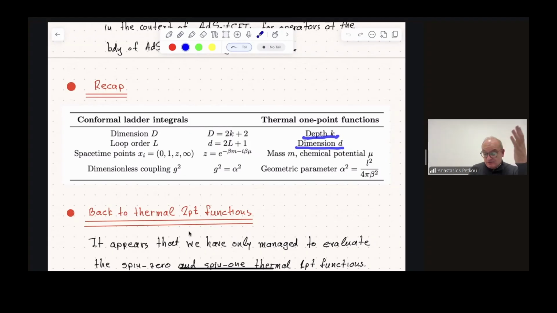K0 is actually zero depth, K1, 1 depth, etc. I have a mass and chemical potential, which are my deformation parameters, and I have a geometric parameter, alpha square. And this corresponds exactly to the dimension of the integral, the loop order. The space-time points now correspond to the mass and the chemical potential. Actually, these are the crossing ratio, and the coupling corresponds to alpha.